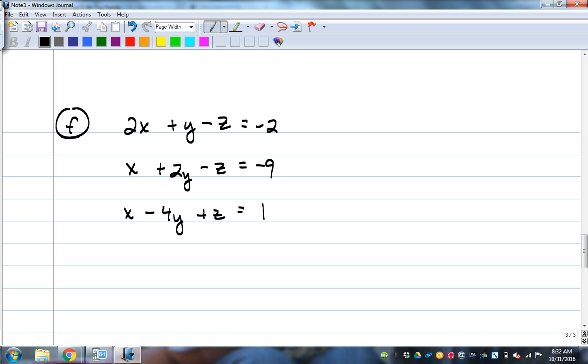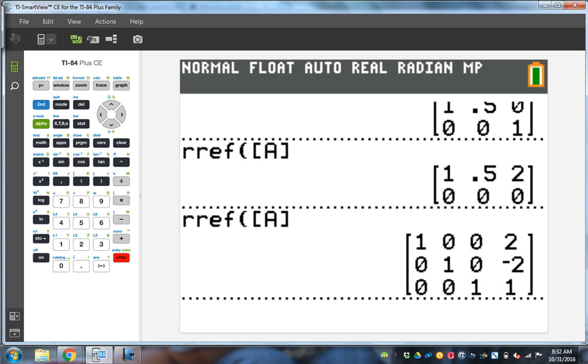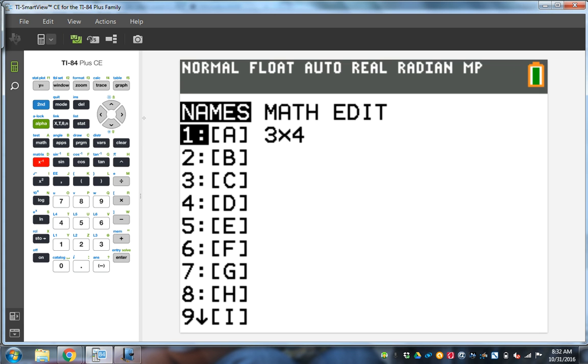So set up your matrix for that. Read that so you can still see it in case you didn't write it down. Hopefully you wrote it down.